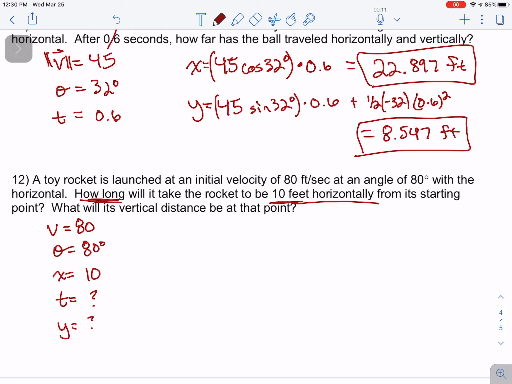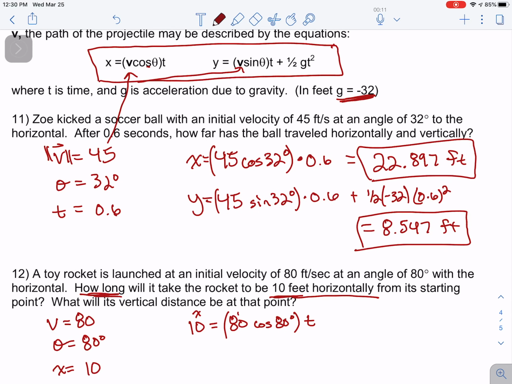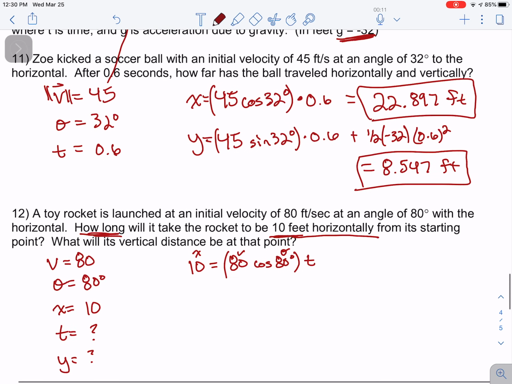Okay, so let's go ahead and use our x equation. So we're going to use 10 equals 80 times cosine of 80 degrees times t, and that all comes from up here. So 10 is my x, 80 is my v, this is my theta. Okay, so we need to solve for t.